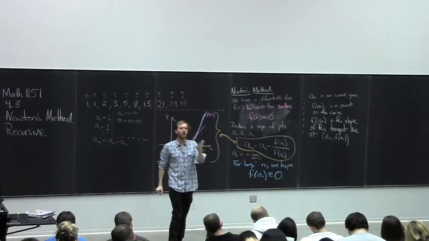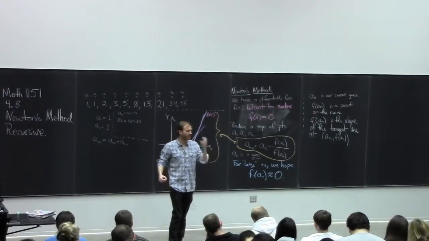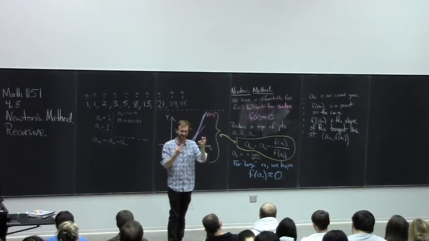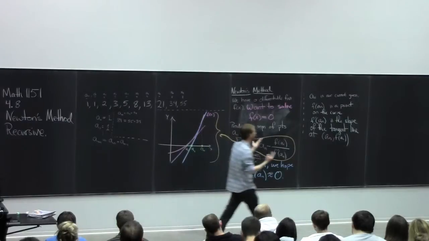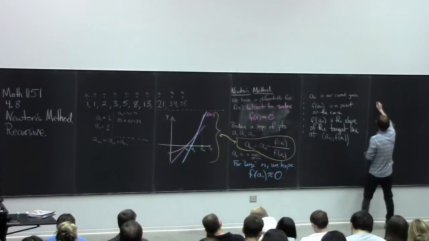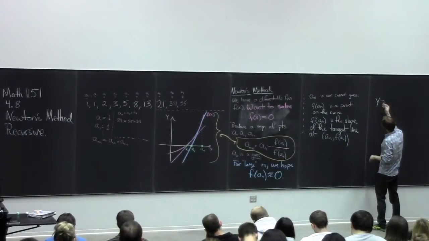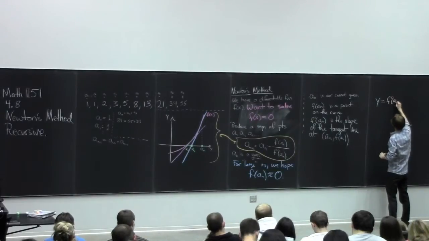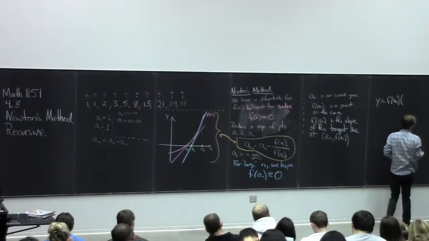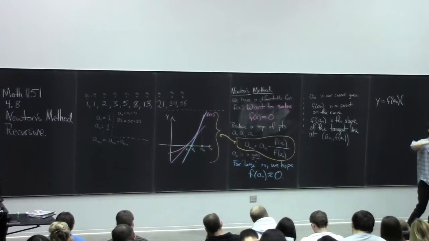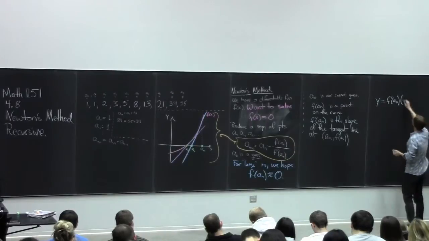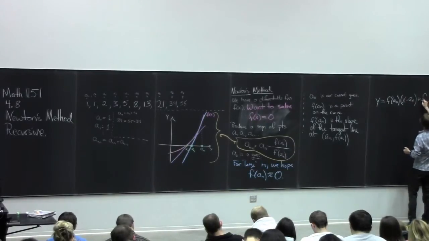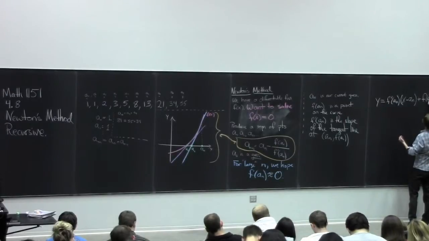All right, and what's the formula for a line that goes through a point with a certain slope? Yeah, we got the point-slope formula, right? And I just write the darn thing out. y equals the slope, f prime of a sub n, times x minus a sub n, plus f of a sub n.